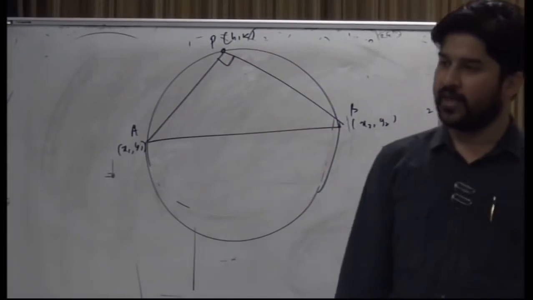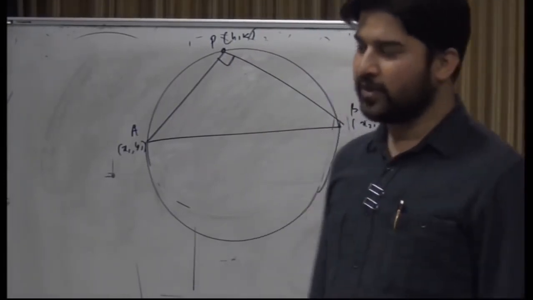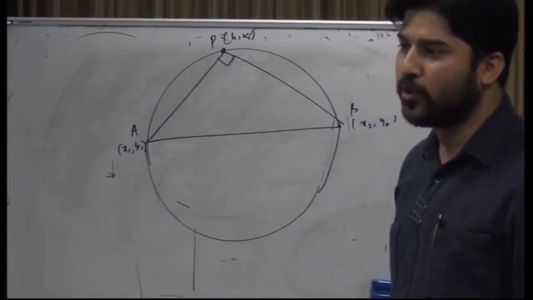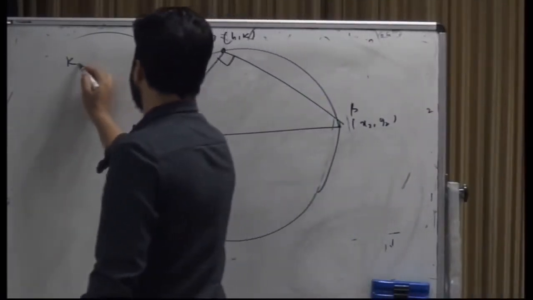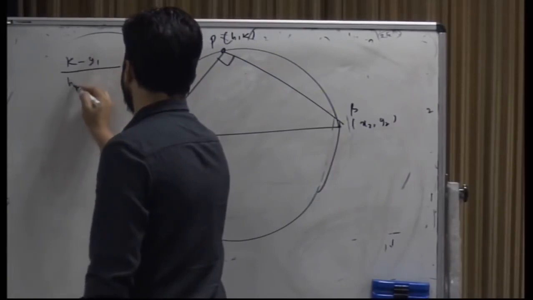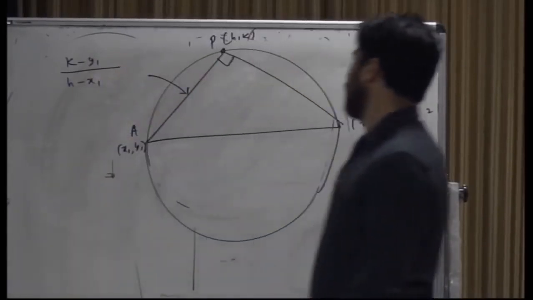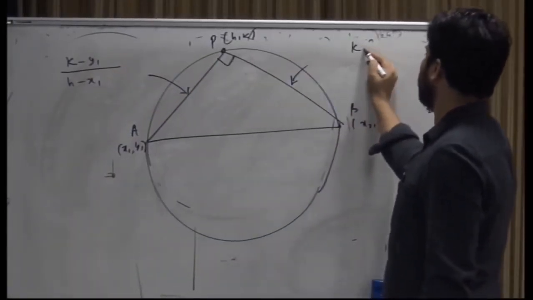Do you know how to find the slope between 2 points? Rise over run, (y1 − y2)/(x1 − x2). So the slope of this line is going to be (k − y1)/(h − x1), and the slope of this line is going to be (k − y2)/(h − x2).